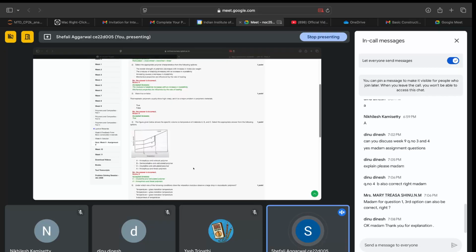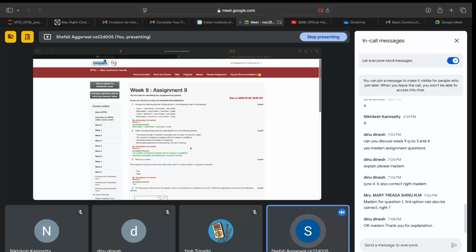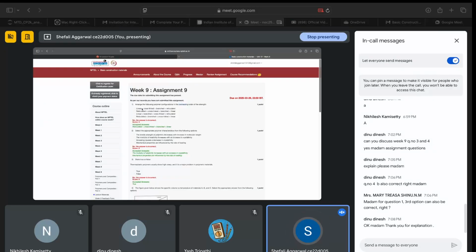Okay, so you are asking about question number 1. Arrange the following polymer configurations in decreasing order of strength. Third option, linear, branched. I think there is something wrong with the question. If you are talking about decreasing order, the sign should be in this way instead of this way. That's why you got confused.